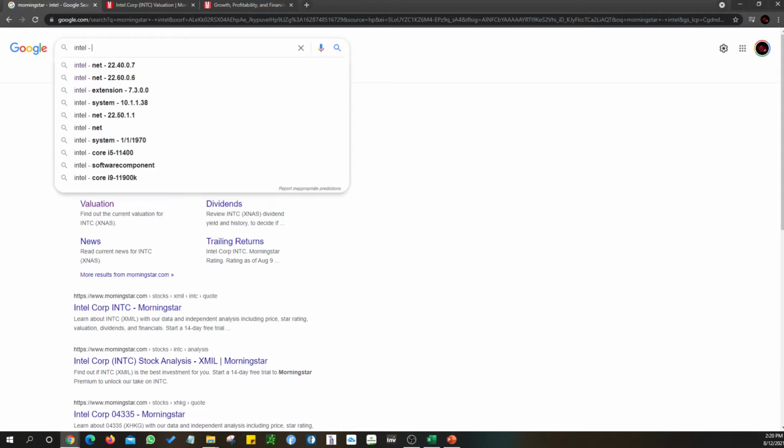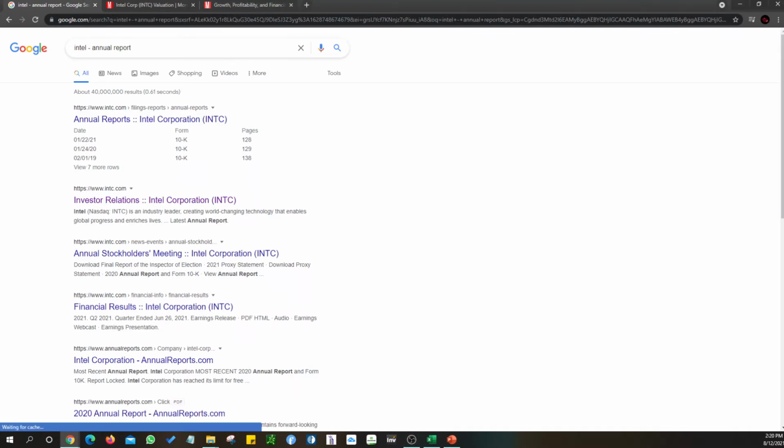Okay, Intel annual report. As I said, you can do a search by saying Intel investors relation or annual report, but make sure you type it in your search, because not all domains have the same set of website URL.